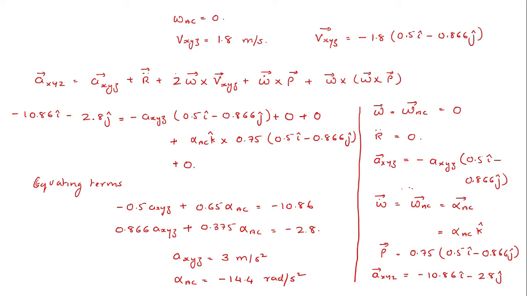So alpha AC vector will be equal to minus 14.4 k cap. Since it is minus 14.4, it indicates that the angular acceleration will be clockwise, even though we had assumed it to be anti-clockwise. Okay. This is how you solve this problem.